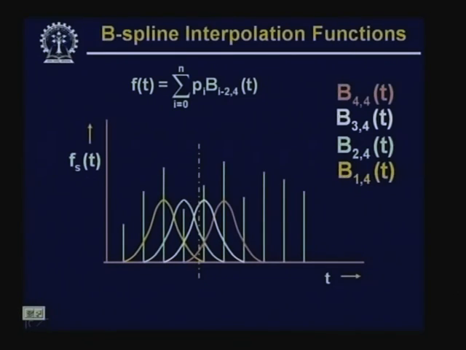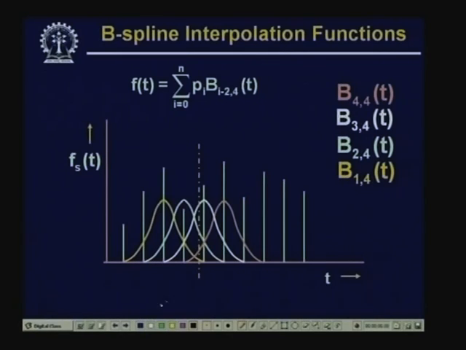And here it gives that if I want to interpolate this function at this particular point, the weight given by this particular function sample is only this much, the weight given by this particular sample is this much, the weight given by this sample is this much, and this sample is weighted by this much.